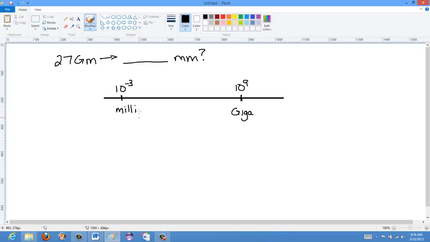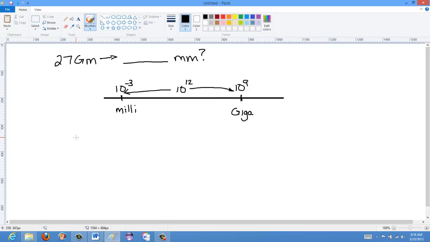Okay, and what I can find is, well, how many magnitudes are there between this? And what I would see is that there is a magnitude of 10 to the 12 from here to there. So in order to get from milli to giga, you would have to multiply by 10 to the 12, and in order to get from giga to milli, you would have to divide by the exponent.